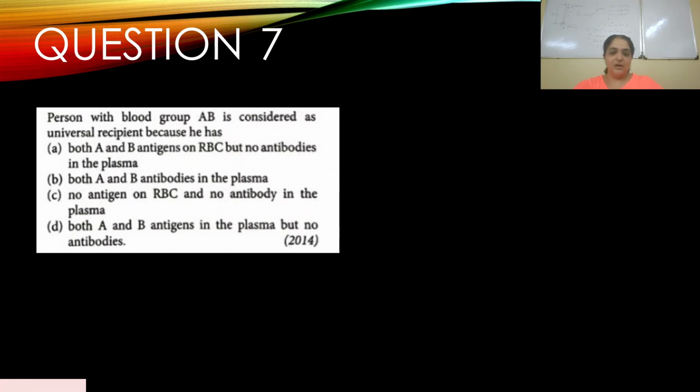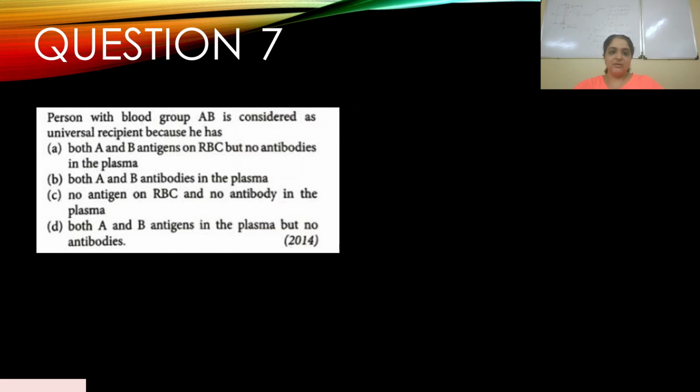A person with blood group AB is considered a universal recipient because he has, and we have your options A, B, C, and D. A is both A and B antigens on RBC but no antibodies in the plasma. Yes, that is actually the correct answer. B, both A and B antibodies in the plasma. No. C, no antigen on RBC and no antibody in the plasma.